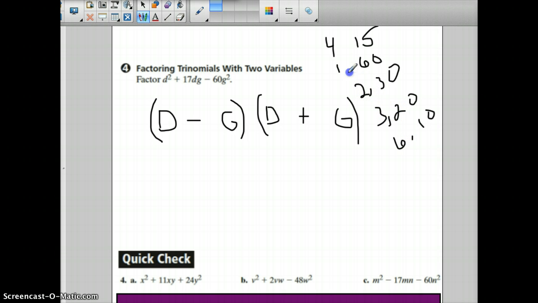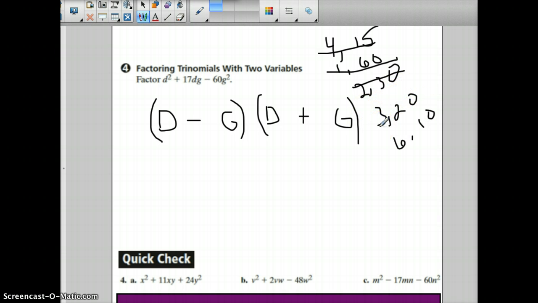And I have to think about the ones that have a difference of positive 17. So the difference between these two is going to be 11, not going to work. The difference here is 59. The difference here is 27, or 28, excuse me. Oh, the difference here is 17.